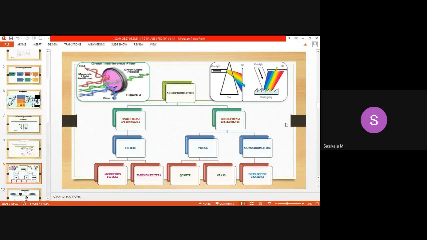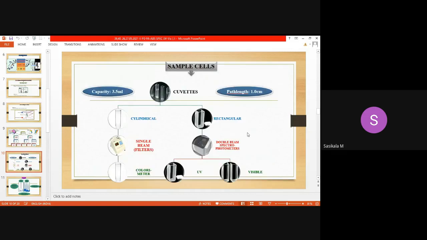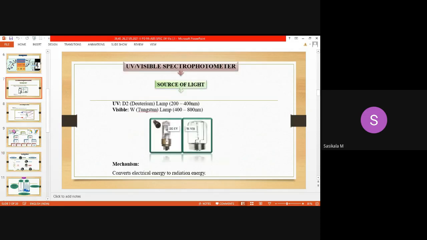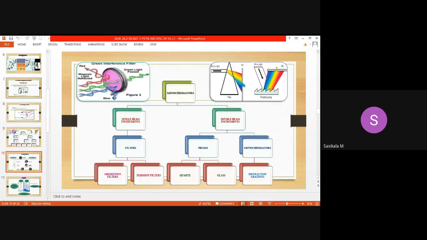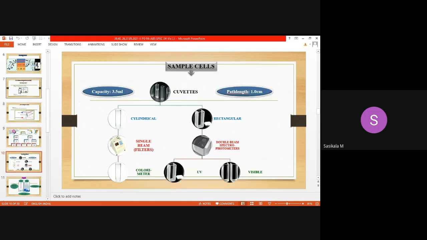So the next part of the instrument will be sample cells. Sample cells used in the UV visible instrument. Now we have discussed the parts: source of light, monochromators and types of monochromators. Now let's move on to sample cells. Sample cells in UV visible spectroscopic analysis are called cuvettes.